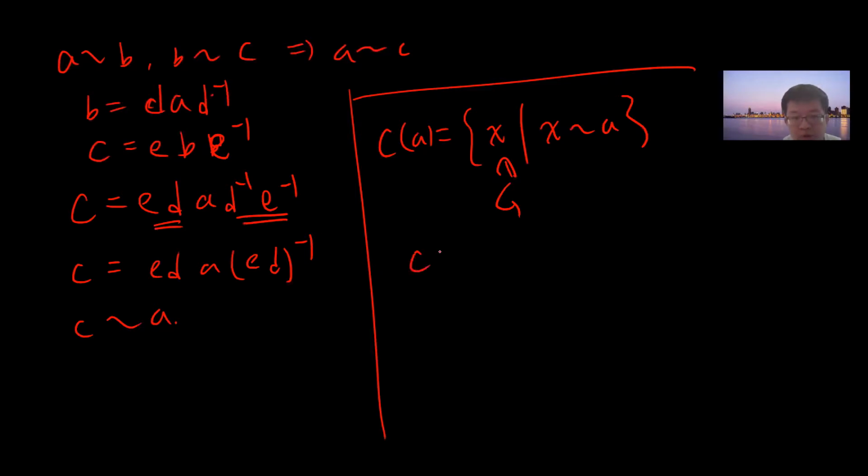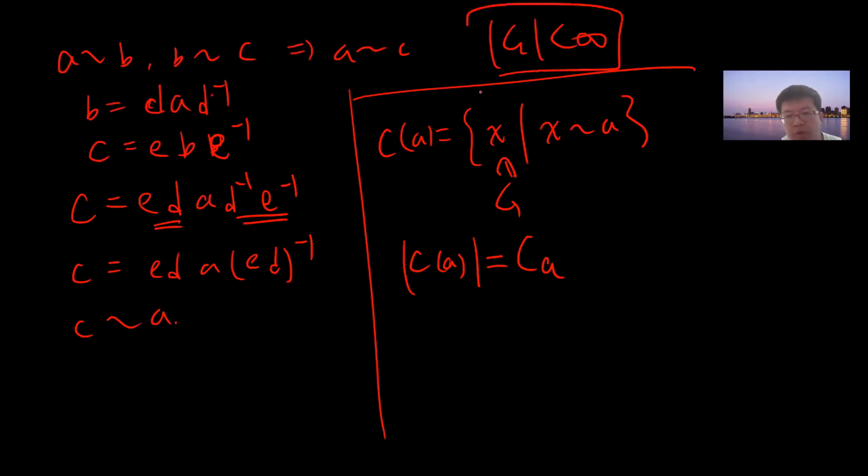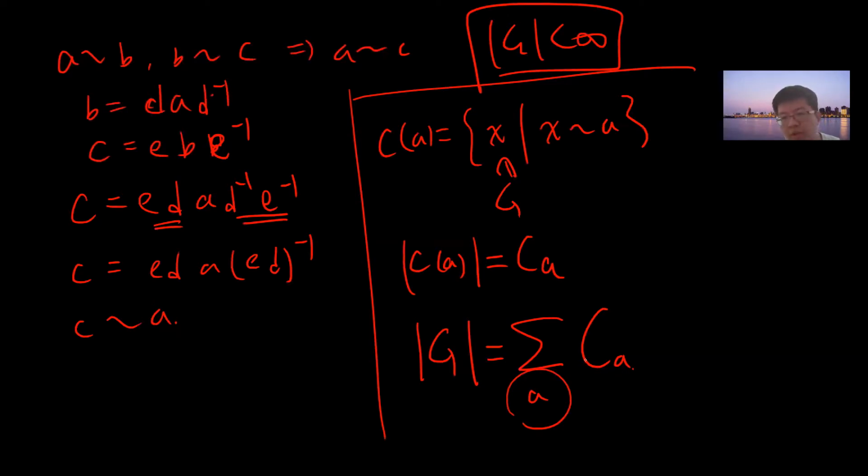I denote the number of elements in C of A by |C_A|. Starting from now, our groups are all finite groups. Since these are equivalence classes, |G| is the sum over A of |C_A|, where the A are from the different equivalence classes. So we have this formula.